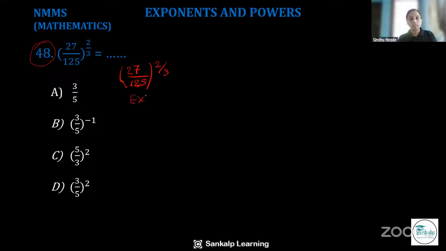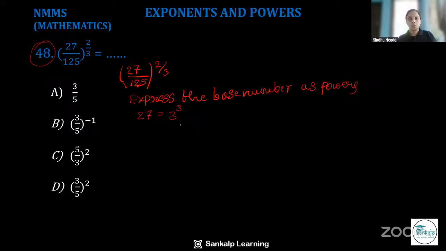First express the base numbers as powers. 27 is 3 cube. 3 cube is 27, so now the base number is converted to exponents and powers. And 125 is 5 cube. 5 into 5 into 5 gives 125. Now both the base numbers are converted as powers.